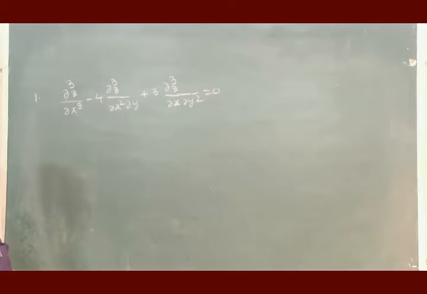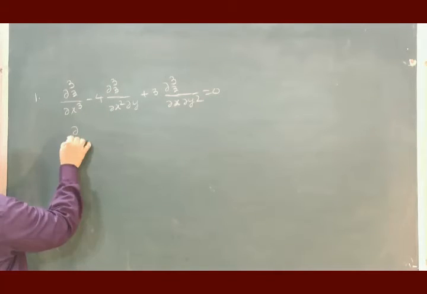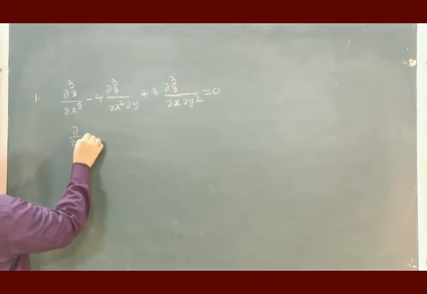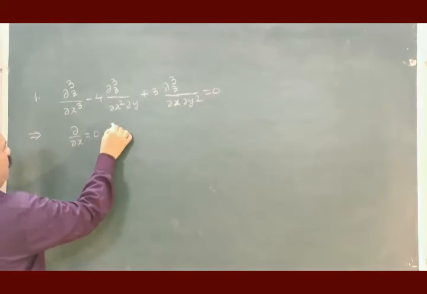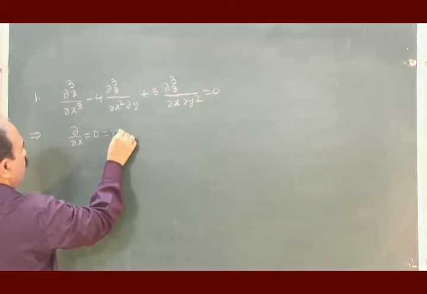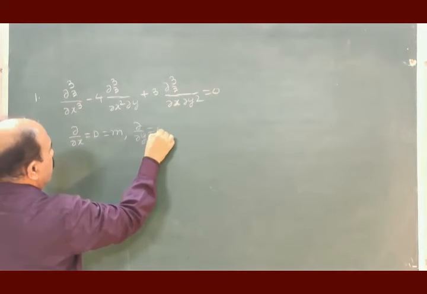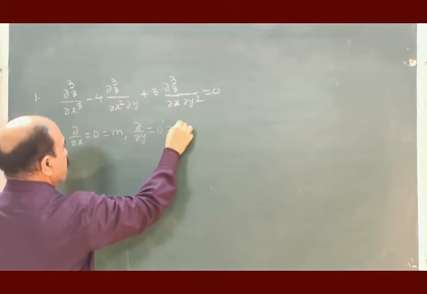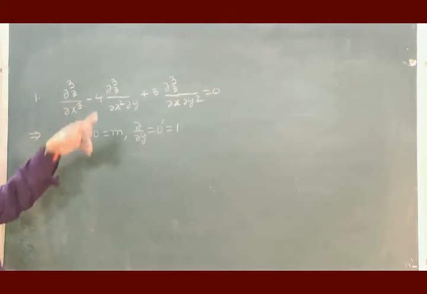So what is the procedure? Dou by dou x is equal to D, which is further equal to m. Dou by dou y is equal to D dash, which is further equal to 1. Let us apply this to the equation.